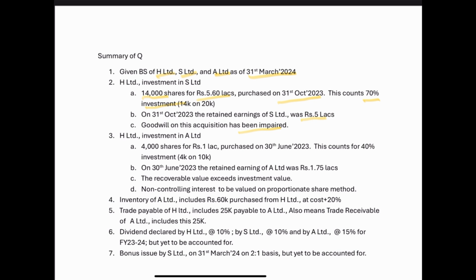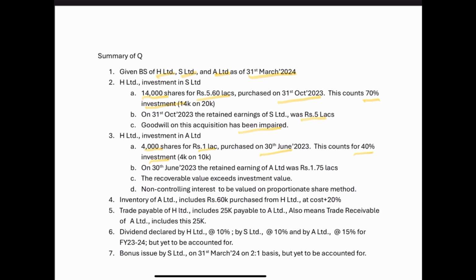Next, H Limited also invested in A Limited. They have invested in 4,000 shares at a cost of rupees 1 lakh, purchased on 30th June 2023, and this counts for 40% of A Limited. Out of 10,000 shares, 4,000 are held by H Limited and the remaining 6,000 by other shareholders.